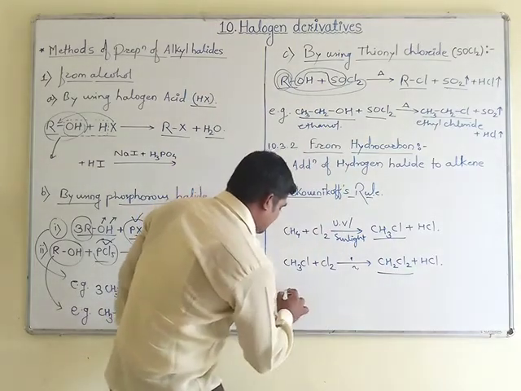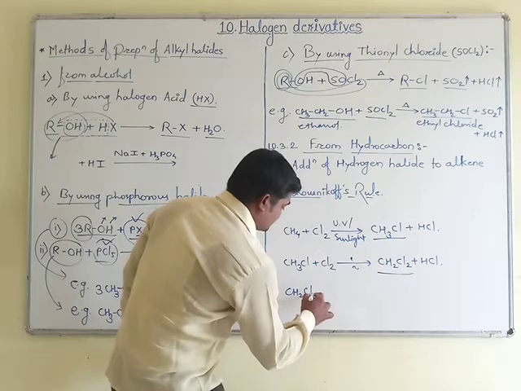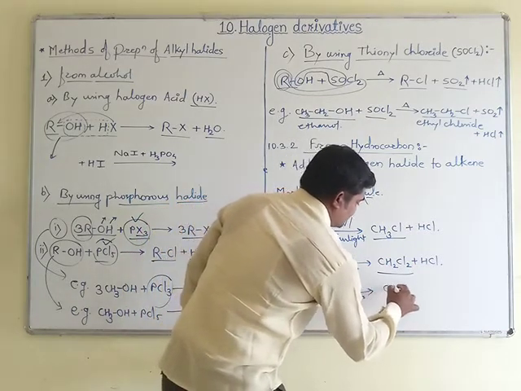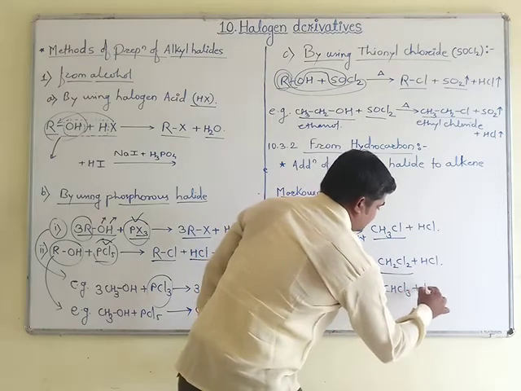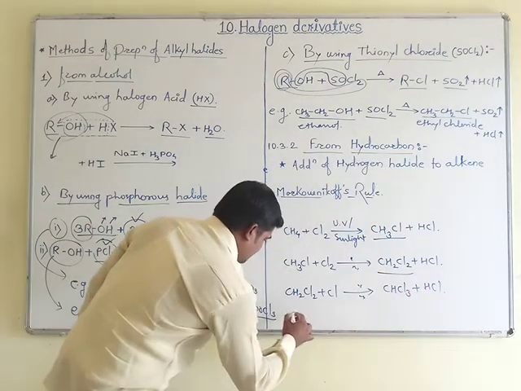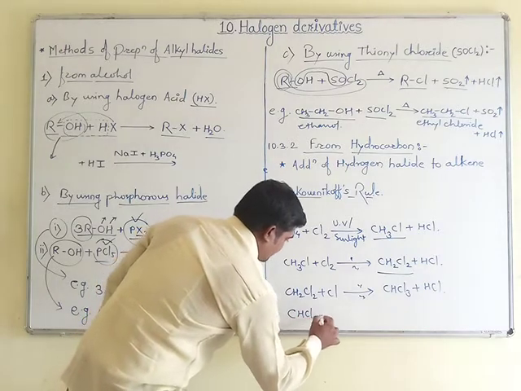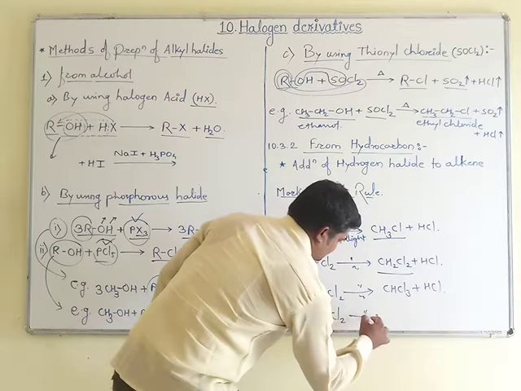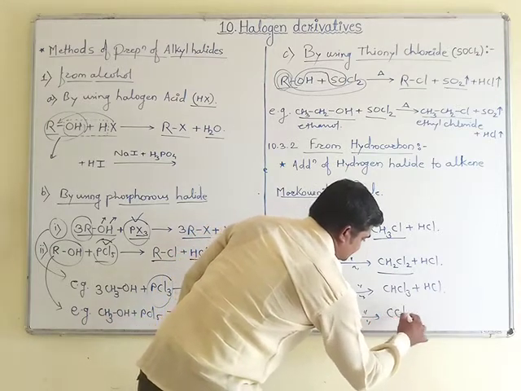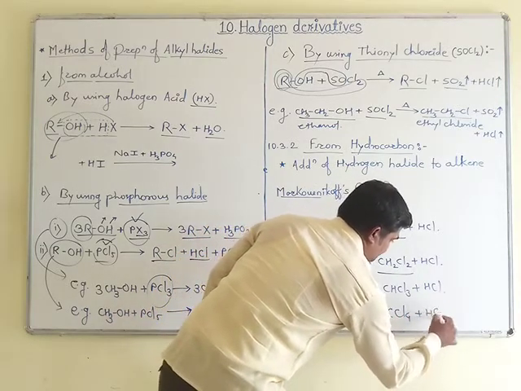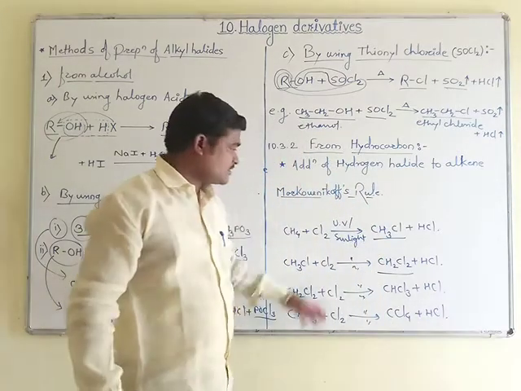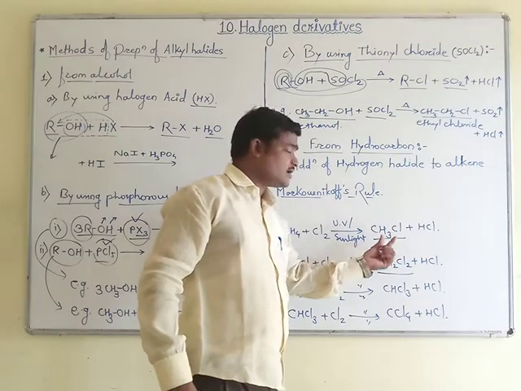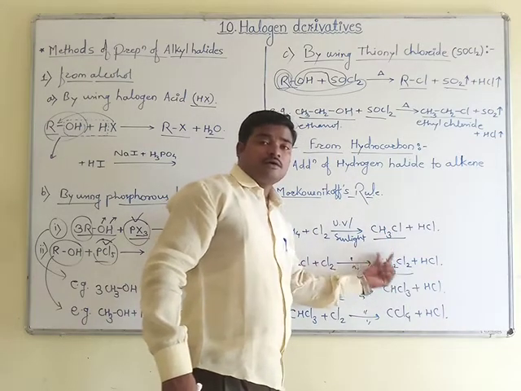Again dichloromethane on reaction with Cl2 in the presence of the same reagent gives CHCl3 plus HCl. Again this CHCl3 on reaction with Cl2 gas in the presence of the same reagent gives CCl4 along with HCl. The names of the products are: firstly we have prepared methyl chloride, secondly we have prepared dichloromethane.